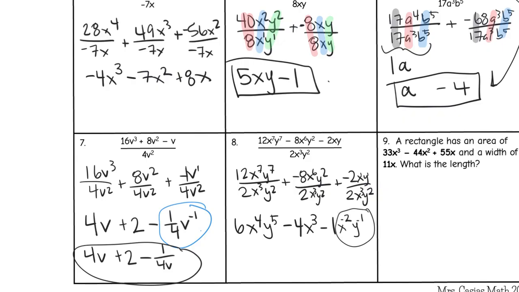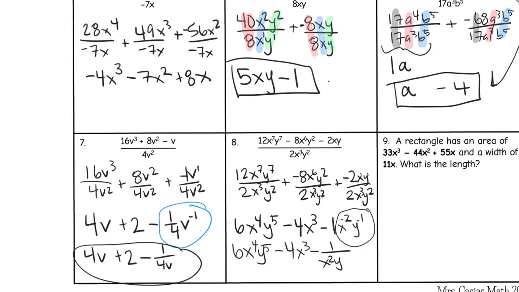These are going to go into my denominator. I like to write that as a positive exponent. 6x to the 4th y to the 5th minus 4x cubed minus 1 over x squared y. And I'm not going to write the 1 because it doesn't change the value. But those negative exponents, remember, tell us that it is a reciprocal.